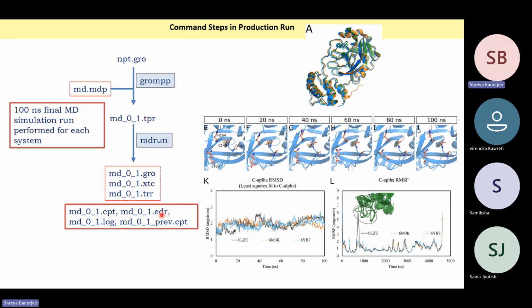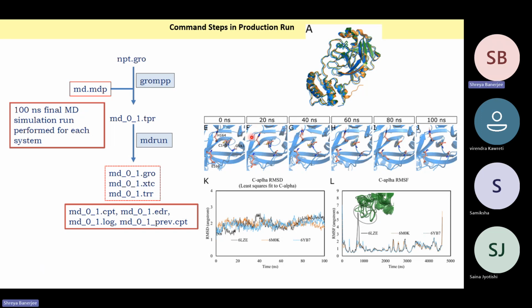Another thing that can be done is that you can get snapshots of the PDB at different times. From 0 to 100 nanoseconds, suppose I say that I want snapshots of the PDB at 20 nanosecond intervals. So at 0, 20, 40, 60, 80, 100, it will generate separate PDB files depicting the structure of the protein at that particular time.